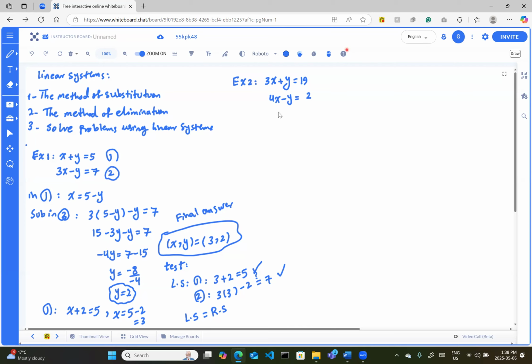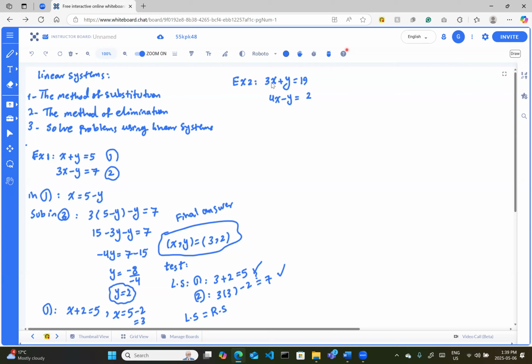Example number 2 is going to be solved by the elimination method. As you see from the name of this method, elimination method means we need to eliminate one of the variables. So when you compare these linear equations, just do a quick check or a scan of the coefficients. What do you have?